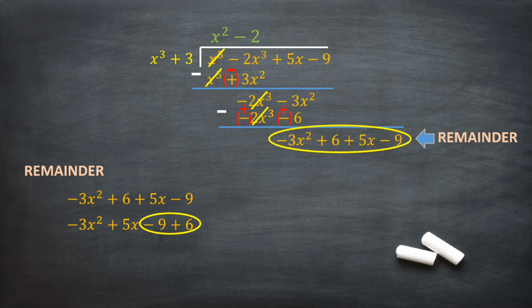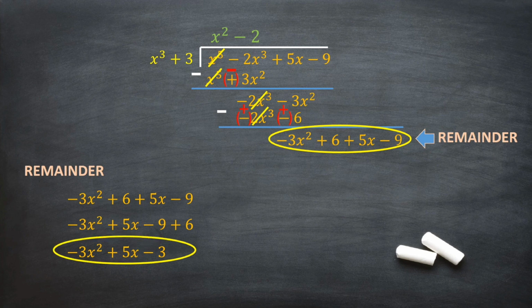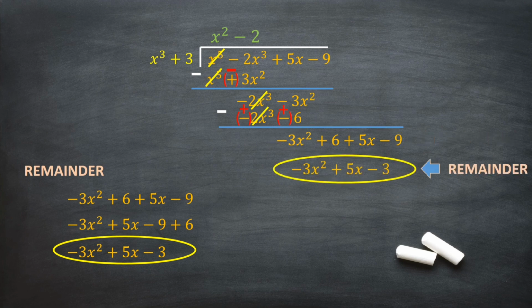So starting off with negative 3x squared, then plus 5x, minus 9 plus 6. After arranging them, we combine negative 9 plus 6, which equals negative 3. So the final answer, the simplified form of the remainder, is negative 3x squared plus 5x minus 3.